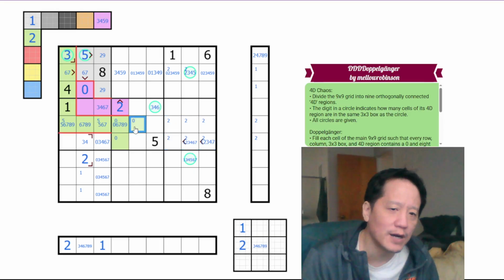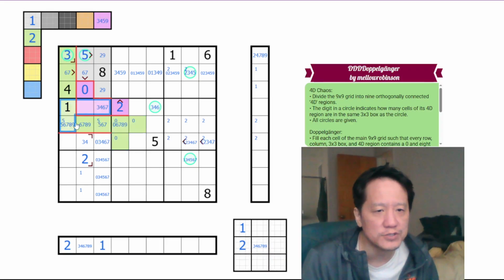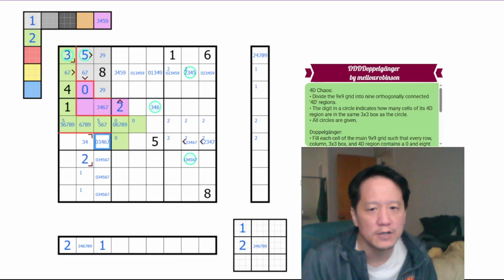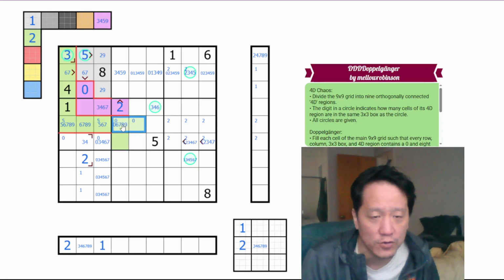And it must be in the same row as the green 0. Oh, well, where's a 0 in box 4? It must be one of these two cells because it can't be in the green, can't be in the pink. It has to be one of these two, which means this cannot be 0 here, so we're guaranteed a 0 for the green in row 5.